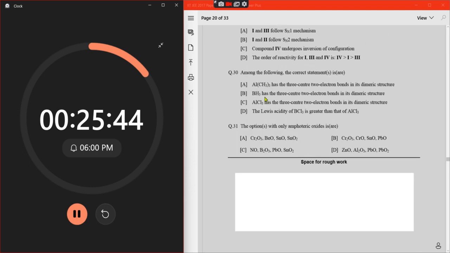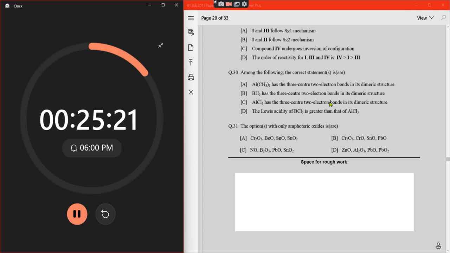Next question. Among the following, the correct statement is not. This has 3 center 2 electron bonds in its dimeric structure. Dimeric structure. AlCH thrice. Oh yeah, okay. It's like this thing. Aluminium, फिर यहाँ पे aluminium, फिर जो CH3 है, it's, oh wait, but C cannot actually do that, can it?